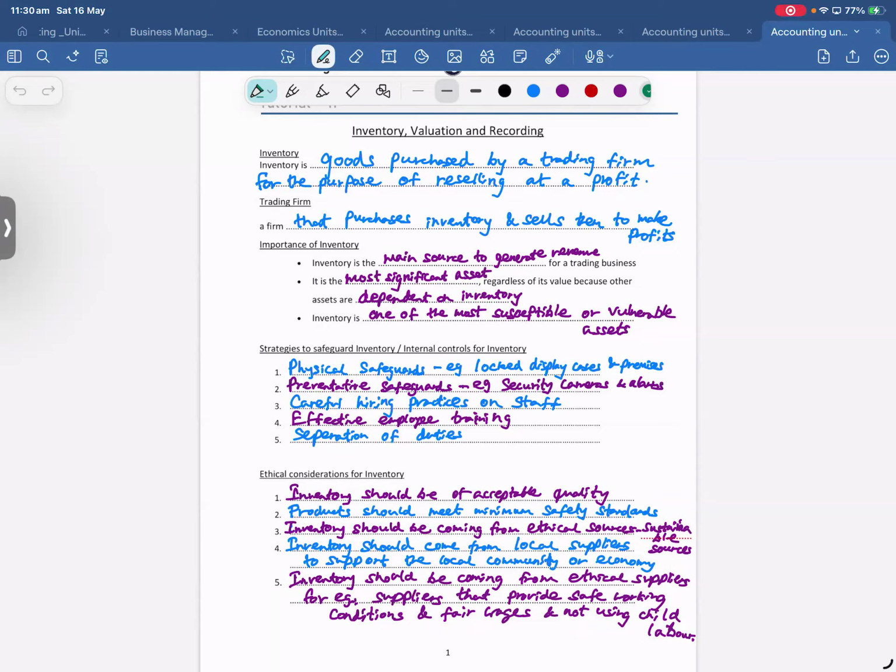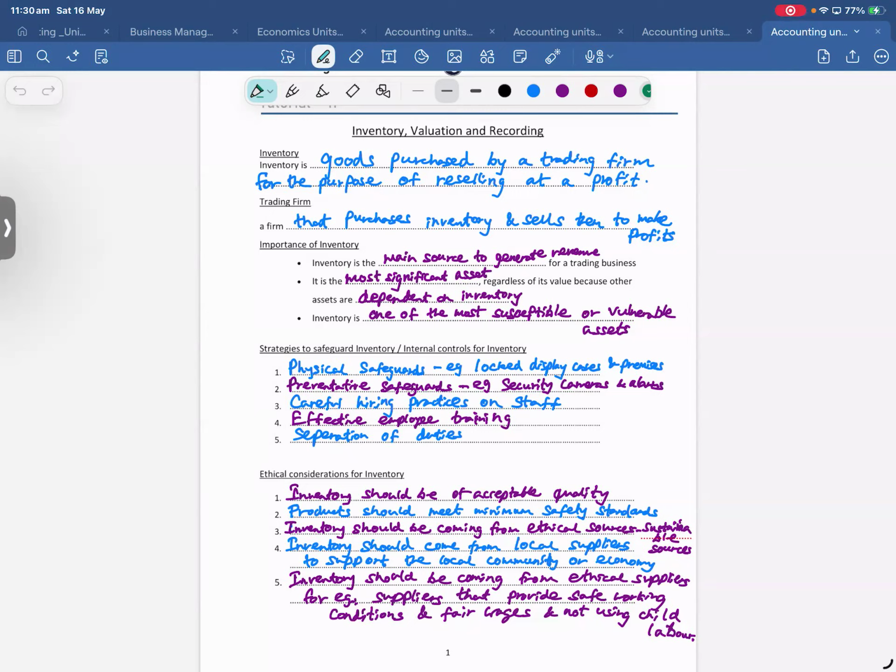Now, what's a trading firm? A trading firm is a business that purchases and sells goods, otherwise tangible products, like clothes. Yes, correct. Like a supermarket, they purchase and sell tangible products, which is what we call trading firms.